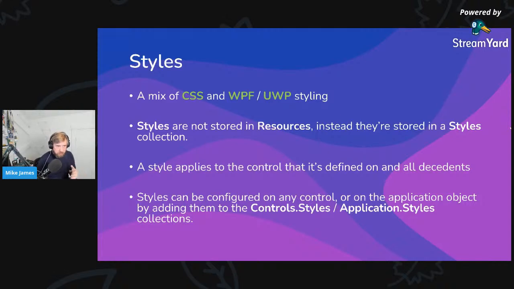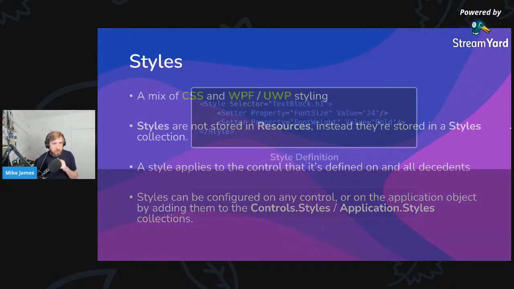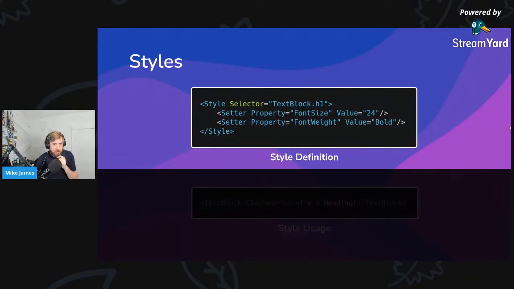And if you're familiar with the way of CSS styles, it's very easy to build very modular little chunks of CSS and then apply those to numerous different elements. And to show you what that looks like in the context of Avalonia, here we have a style definition for a text block. So this is our target control type, and we have here the style name.